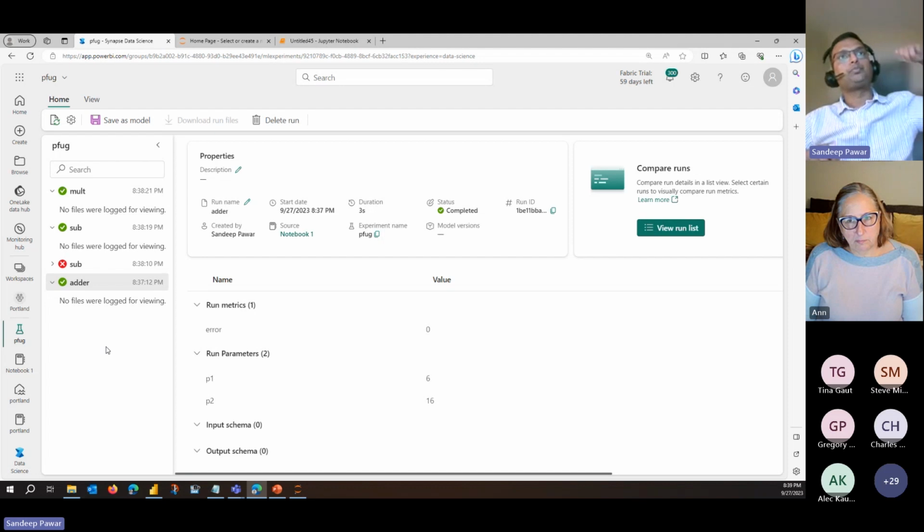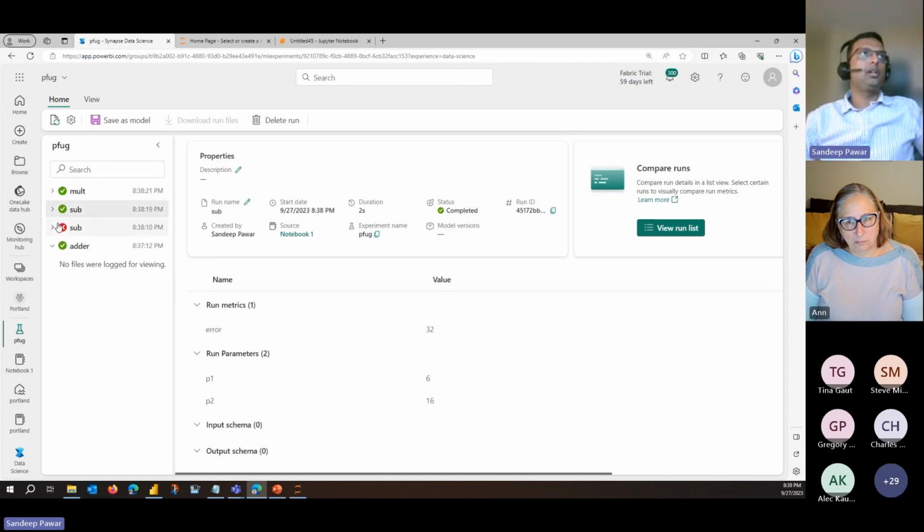You don't run that just one time like what we saw. You usually run them hundreds of times and thousands of times, which means in a typical machine learning experiment, you will get thousands of these runs that will accumulate right here, which makes it very difficult to understand which of these is the best, right? You need to be able to compare that, which is where this compare run comes in.